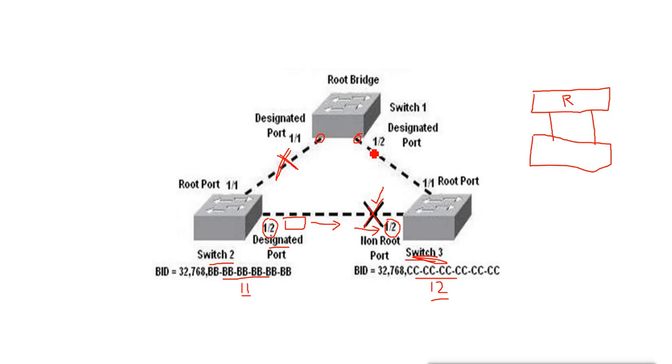Why? Because any other switch may try to connect to the root bridge from any of its ports. So all the ports of the root bridge have to be in the designated and forwarding state, so that anyone can connect to the root bridge.